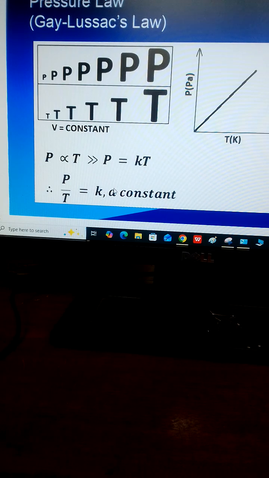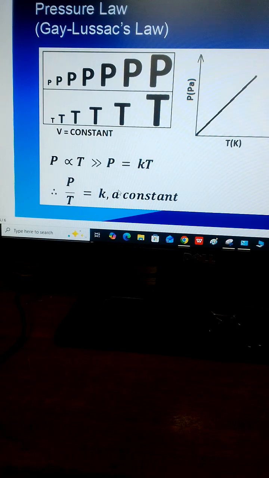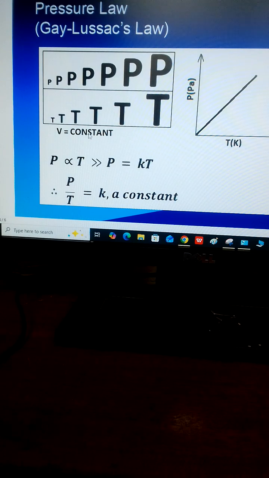Now we have what we call the pressure law or Gay-Lussac's law. Right? So this law says that the pressure of a gas is directly proportional to its absolute temperature when volume is constant. So the volume is constant, and as pressure increases, the absolute temperature also increases. This is another case of direct variation, which you write like this.